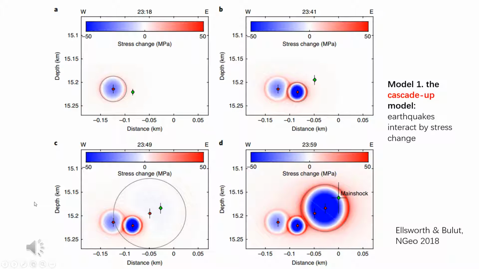2 end-member models exist to explain the formation of foreshocks: the cascade model and the slow slip model. The cascade model argues that Coulomb stress change causes the inter-event triggering. Thus, a cascading sequence would have each event located on the edge of the previous rupture, where a large Coulomb stress change exists.